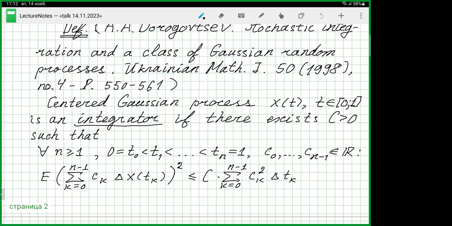This inequality means that at least step functions can be integrated over our process with some good estimation.